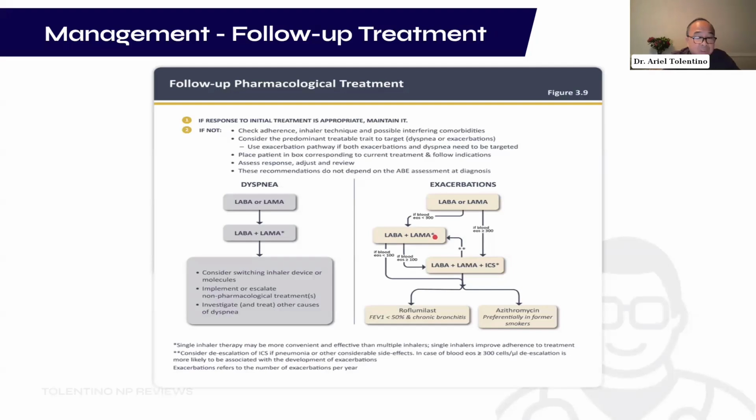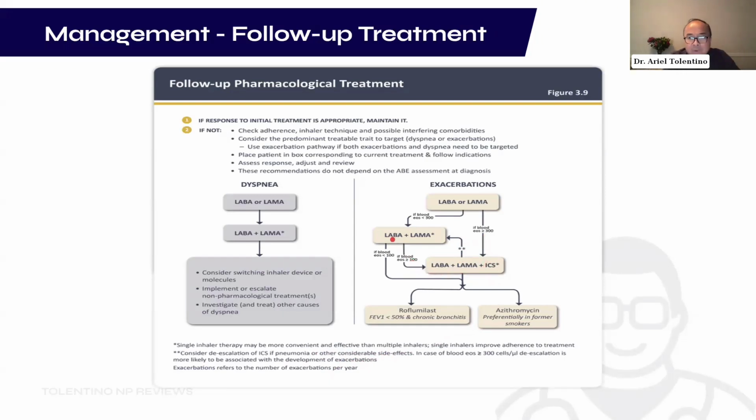But it's very important to consider, according to the GOLD guidelines, that if we are de-escalating and removing ICS in the presence of an eosinophil count greater than 300, we have to be very careful, because that situation will still promote the development of exacerbations. So be very careful in de-escalating in the presence of a high eosinophil count, above 300.